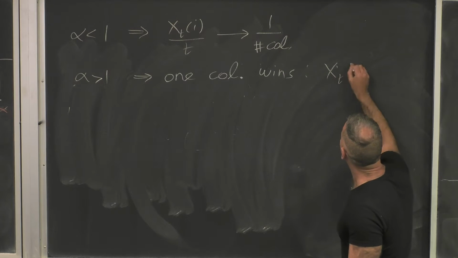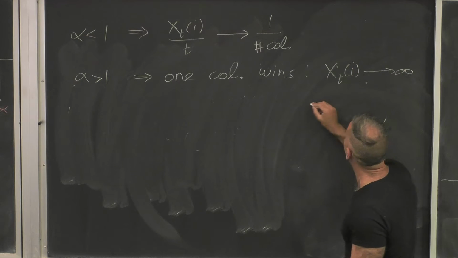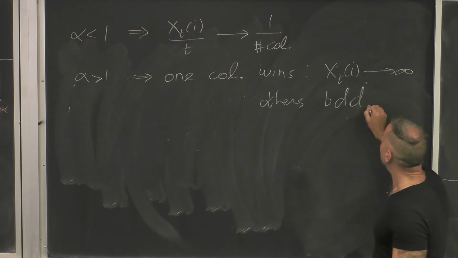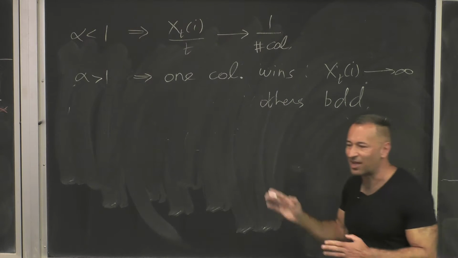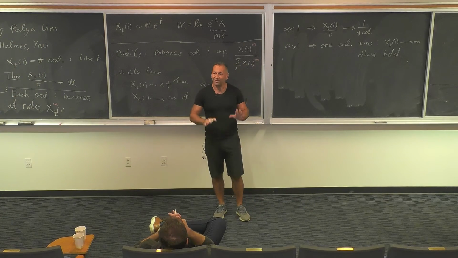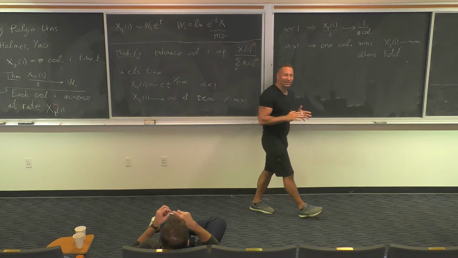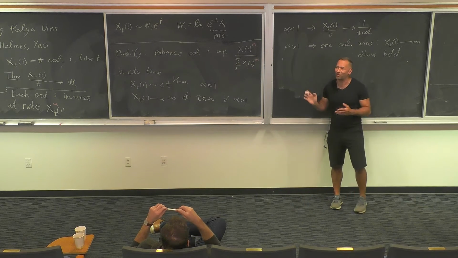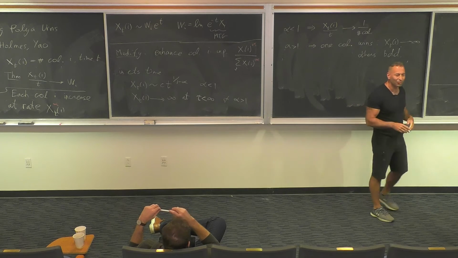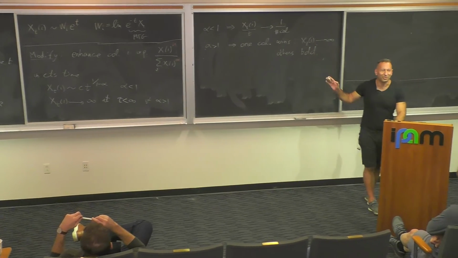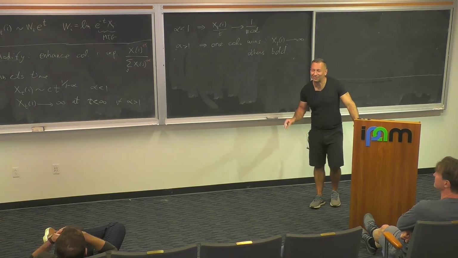So x_t(i) goes to infinity and the others are bounded. The other colors do not grow beyond a certain time. And so this is all fairly classical, the background for the models that I'd like to talk about. But if there are any questions about anything I said so far, then please do interrupt.